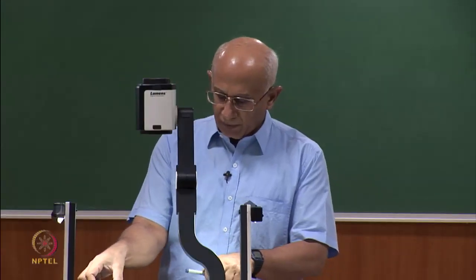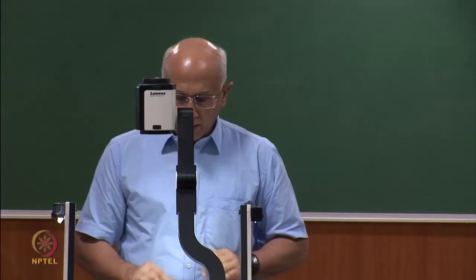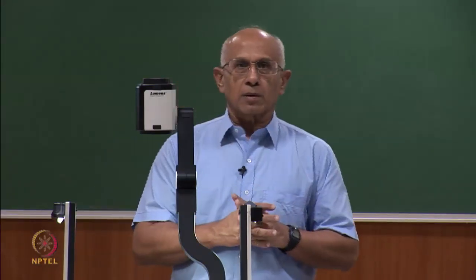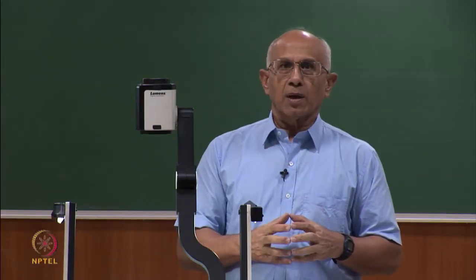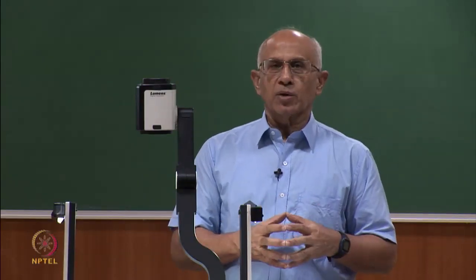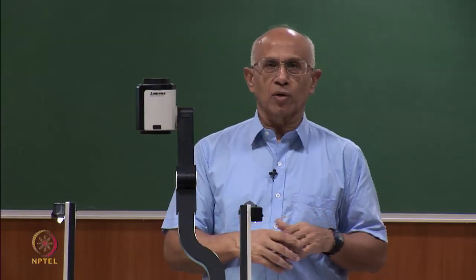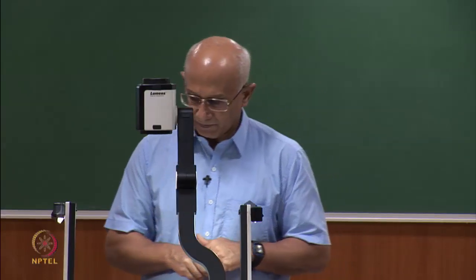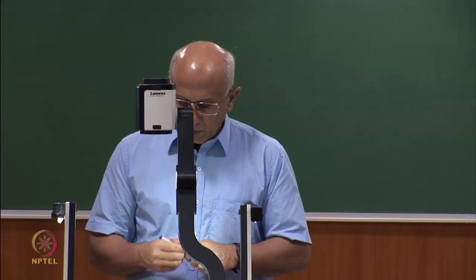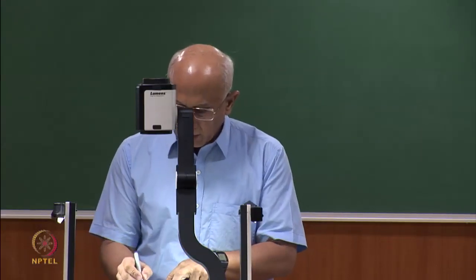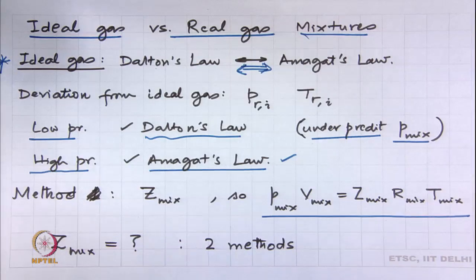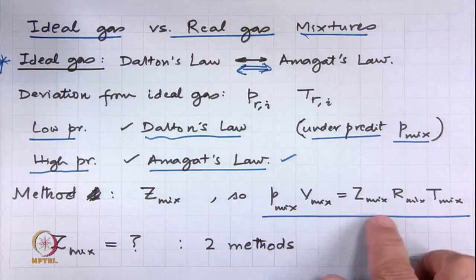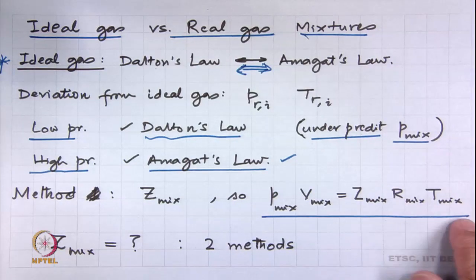Okay, now we will take the step further and say, now I want the PVT relationship for a mixture, or in some sense an ideal gas equation of state for a mixture, or a modification of that with the compressibility factor. So, what we are now looking for is an expression like this and asking how good is this: P_mix V_mix is equal to Z_mix R_mix T_mix.